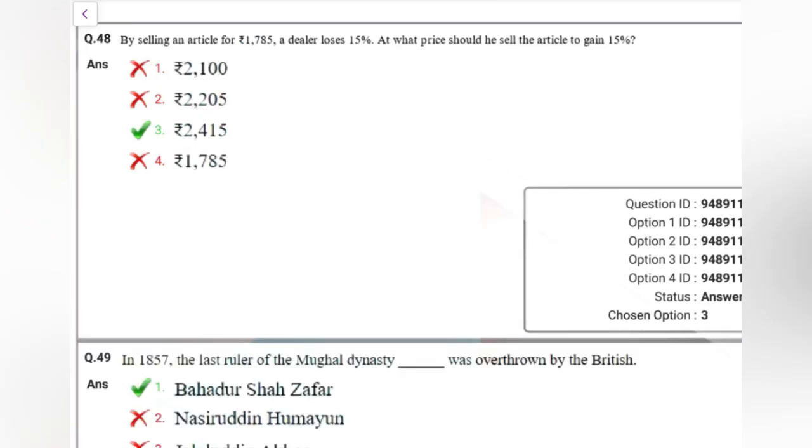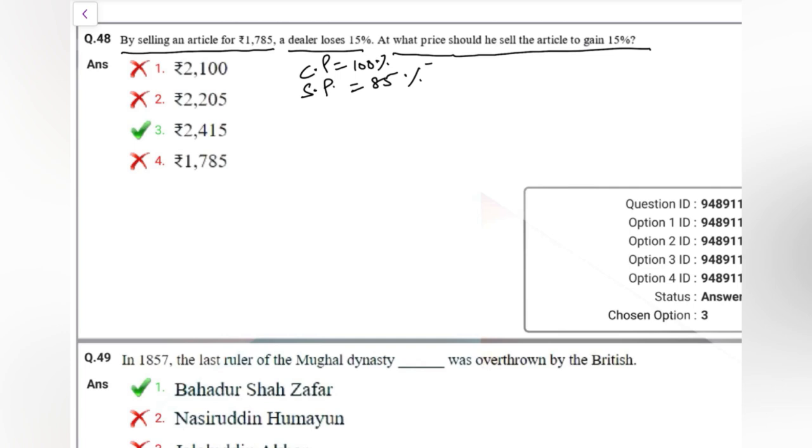By selling an article for 1,785 rupees, a dealer loses 15%. At what price should he sell the article to gain 15%? Selling price is equal to 85% because he loses 15%, and let CP be 100%. That is equal to 100x and this is equal to 85x. So according to the question, 85x is equal to 1785.